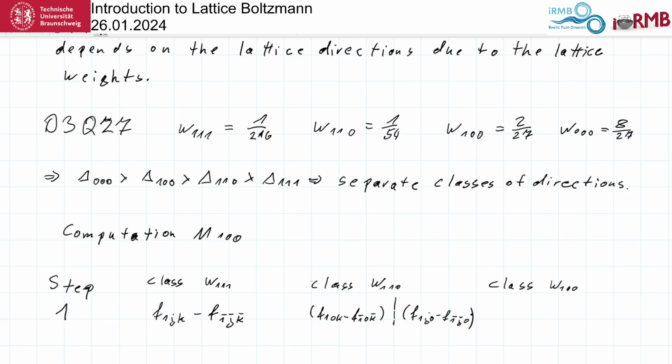So these you would use separately, and here would have F100 minus F minus 100. Okay, so these are the first operations that you do.